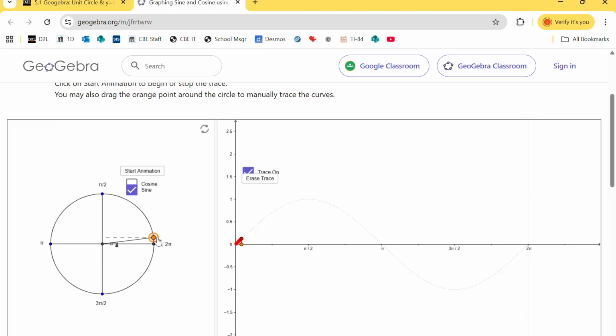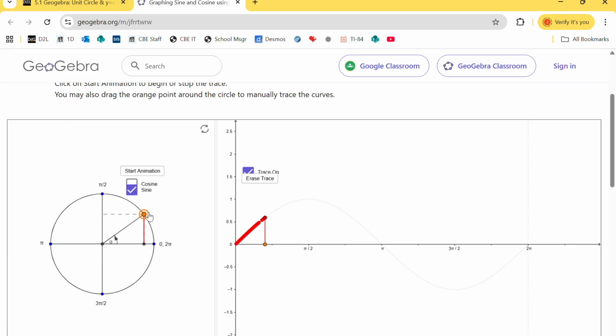When I get to pi over 6 radians, the sine value is 1/2, and there it is, right? So I'm just looking at the y values, right? And you can see right here, okay, this is pi over 6 radians, and then the y value itself is about 1/2, okay?